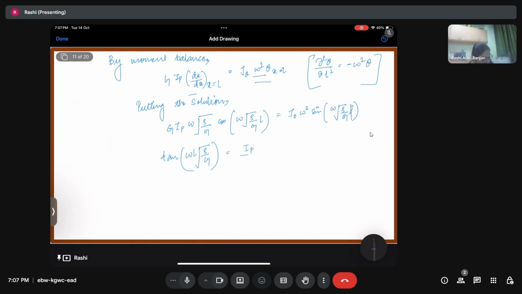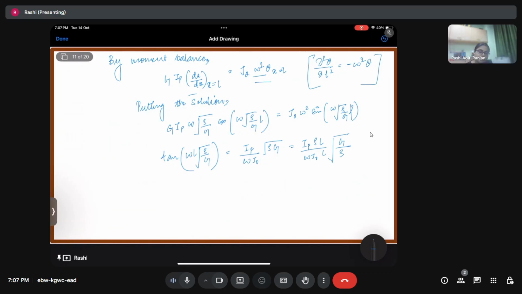Ip by omega J naught into rho into G. Okay, so this is going to give us Ip rho L by omega J naught into L into under root of G by rho. Now, if you look over here, Ip into rho into L is what? It is the J of rod, right?